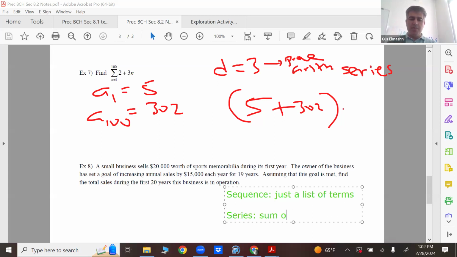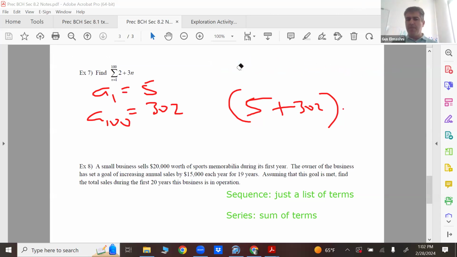Series, sum of terms. Don't mix up those words. Sequence just lists terms. Series is the sum of terms. So we're fine. Why I found what D was was just to make sure it's an arithmetic series, but I didn't need it for the formula.